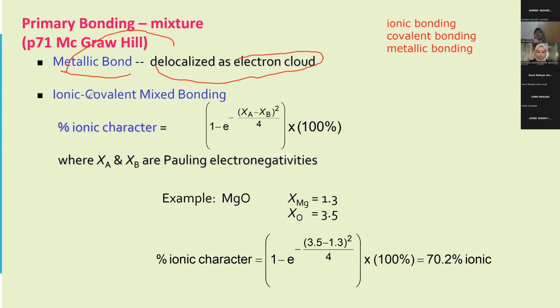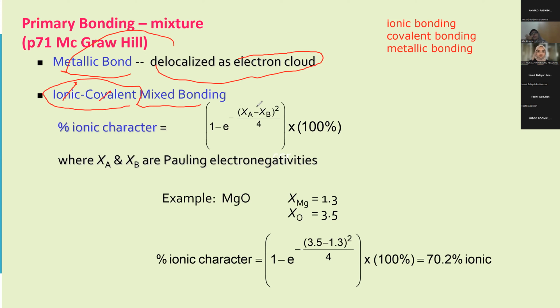For ionic, the key point is positive and negative charge, cation or anion, losing or gaining electrons. For covalent, the keyword is sharing electrons. But actually there is also mixed bonding, ionic and covalent mixed bonding.